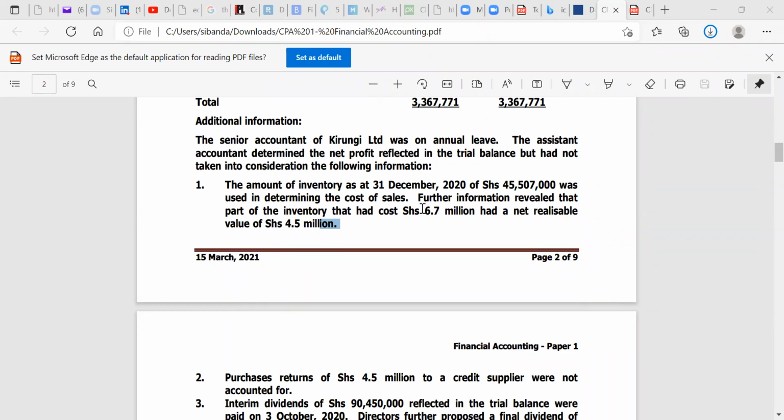So if you have this inventory and they're telling you that it's embedded within this inventory, what we shall basically do is we shall get this figure. Maybe I can demonstrate it here.